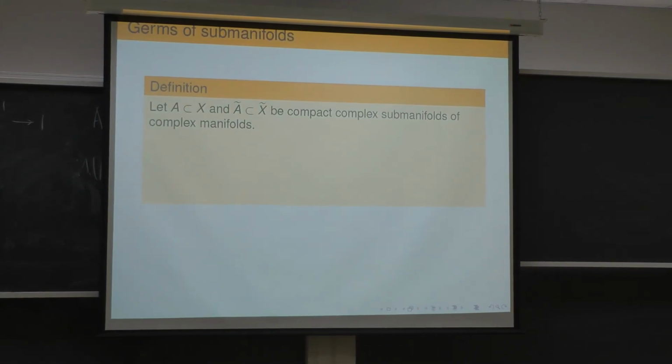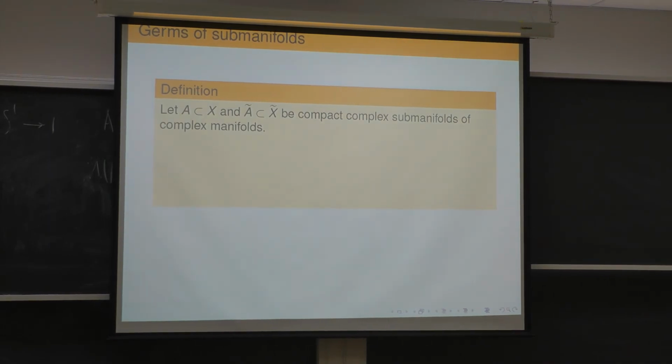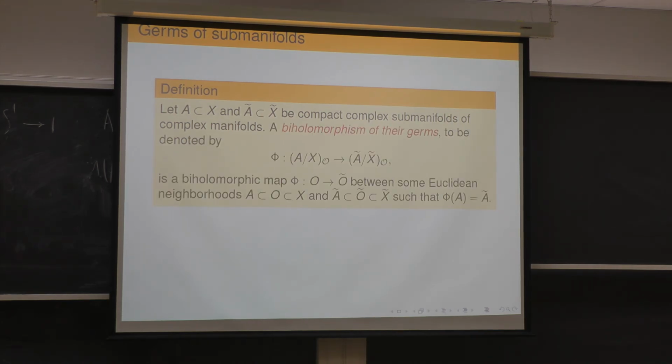So here's the definition. When you are given two compact complex submanifolds in complex manifolds, a biholomorphism of their germs means that it's a biholomorphic map between some small neighborhoods. So we are interested in Euclidean neighborhoods.